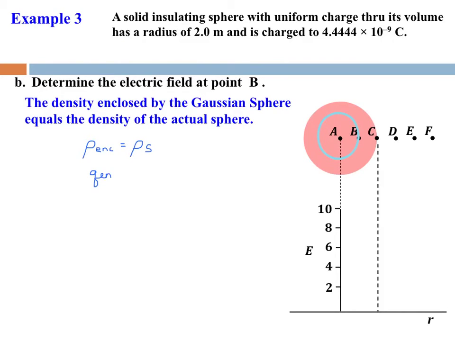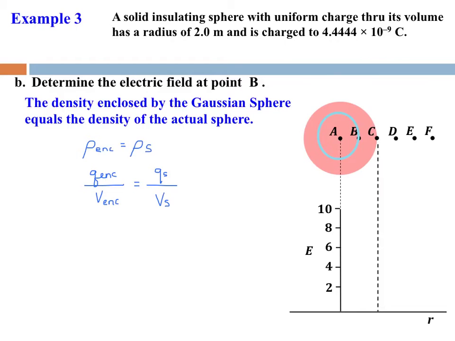Our charge enclosed is going to be distributed over the volume of the enclosing surface, in this case our Gaussian surface, is still going to be equal to the charge of the entire sphere over the volume of the entire sphere. Again, that ratio is going to stay the same.